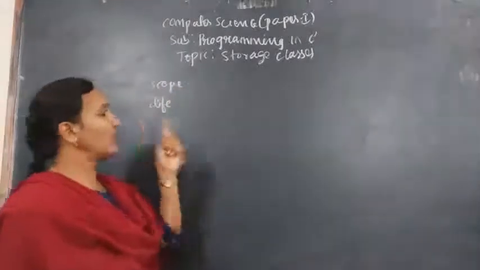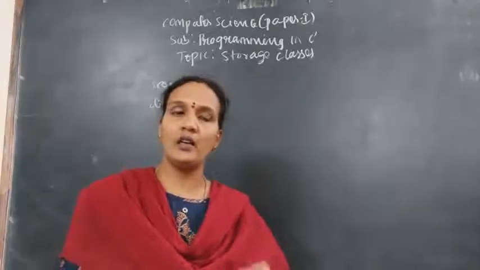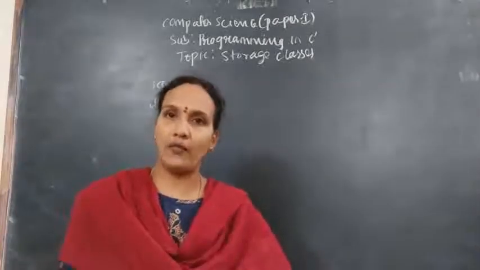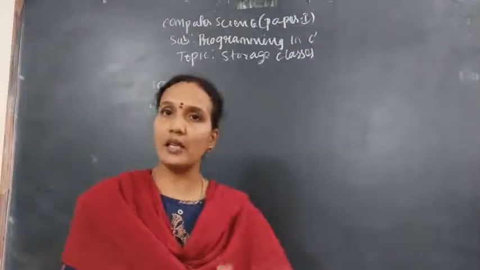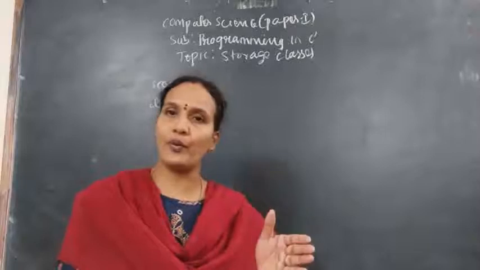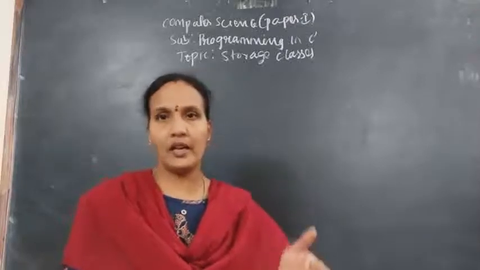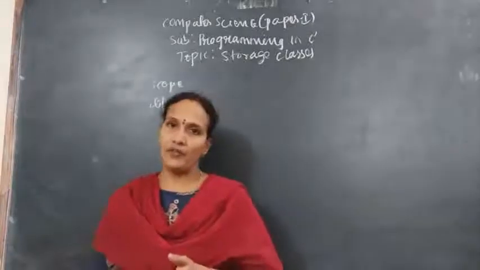Okay, the second one is the life. What is the life of the variable? If you have declared any variable inside the function, that is a local variable. What is the life of that variable? The life of the variable starts when you open the brace of the function and it ends when you close the brace of the function.